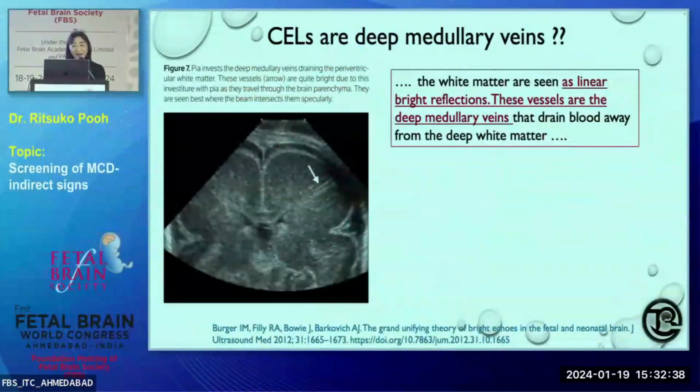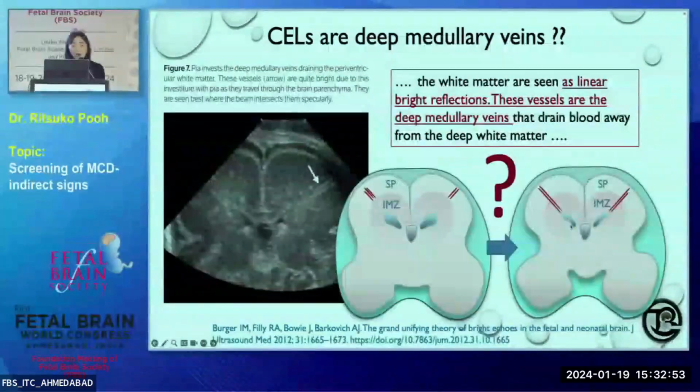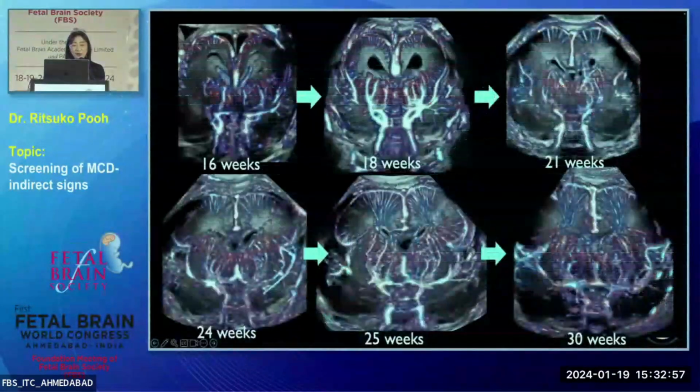And then I found an article that said this linear structure might be the medullary veins. It says deep medullary veins. So we looked at the pre-CEL and CEL. And if there is a medullary vein, oh, that is my field, right?